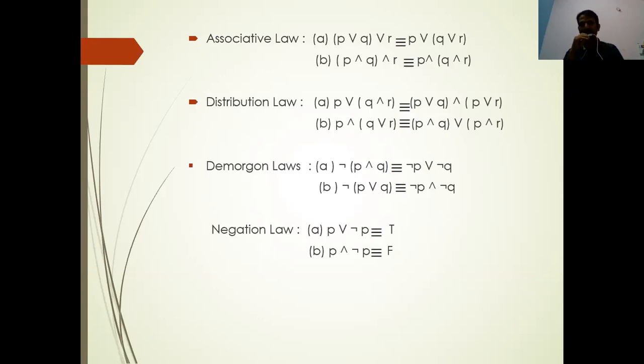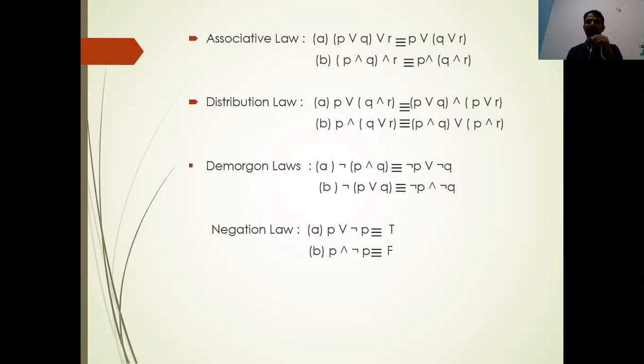Associative law: P or (Q or R) is equal to (P or Q) or R. Similarly, P and (Q and R) is equivalent to (P and Q) and R. Whatever laws we use in algebra, the same apply here, with operators and, or, implies, bi-implies and negation.